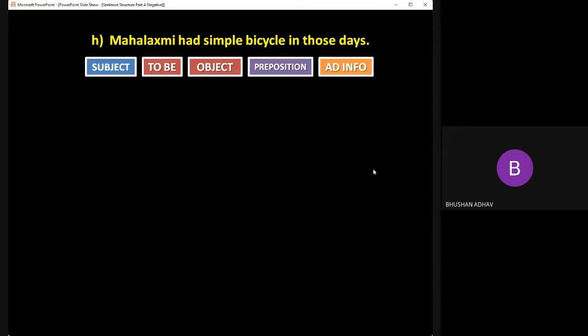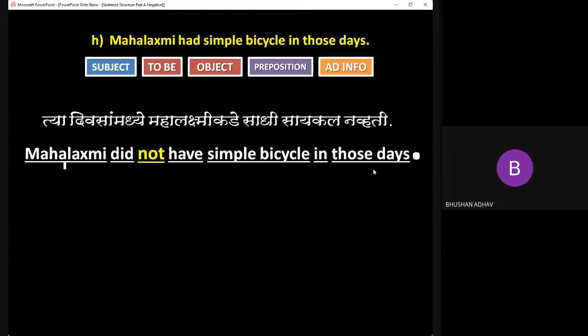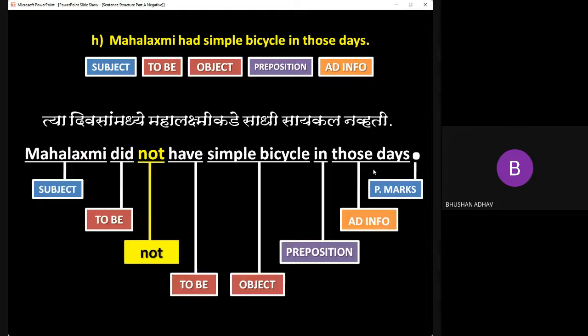Then has, does not have. Okay, got it? Yes. So Preeti ma'am, how would you make this sentence negative now? Mahalakshmi didn't have a simple bicycle in those days. Exactly. Mahalakshmi did not have a simple bicycle in those days.